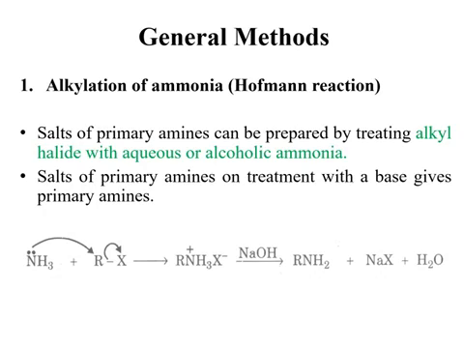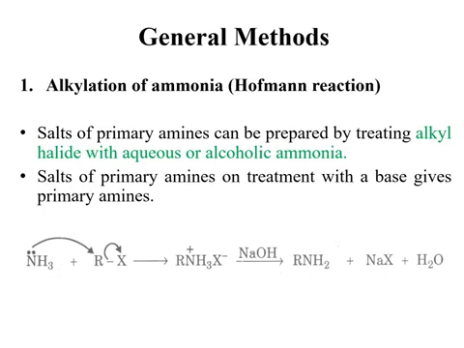In these reactions, salts of primary amines can be prepared by treating alkyl halides with aqueous or alcoholic ammonia. Usually, ammonia available in our laboratory is aqueous solution of ammonia. Whenever you use ammonia, always use ammonia that is pre-cooled.